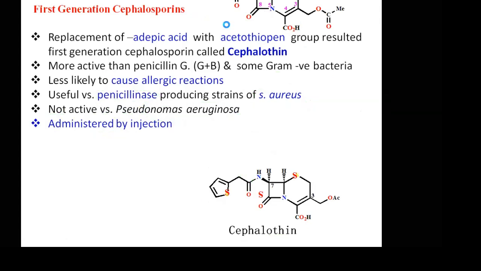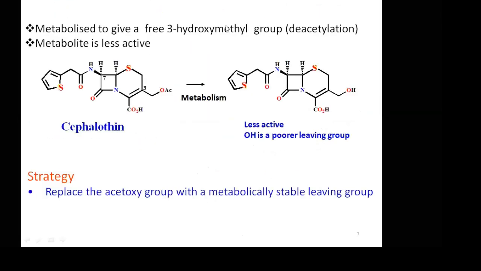Now, see, what was the reason they started finding alternatives? Cephalothin on metabolism has an ester group, no? The acetyl group is an ester group.